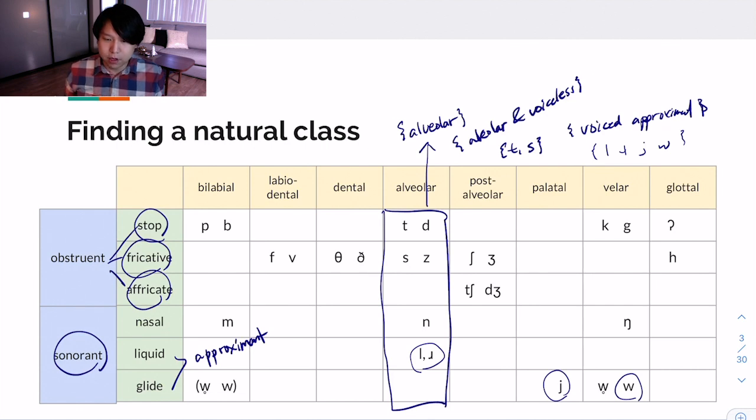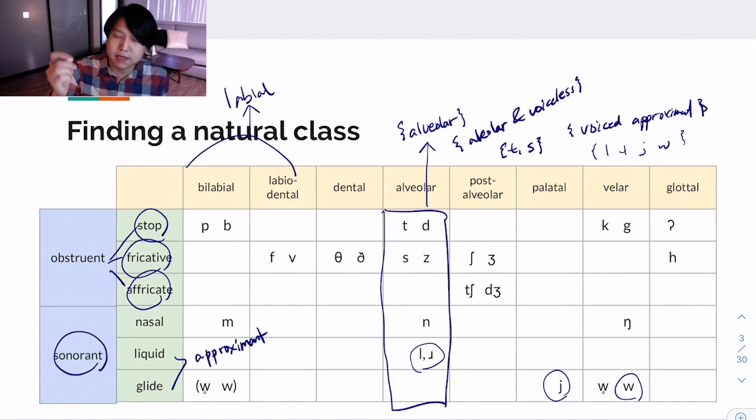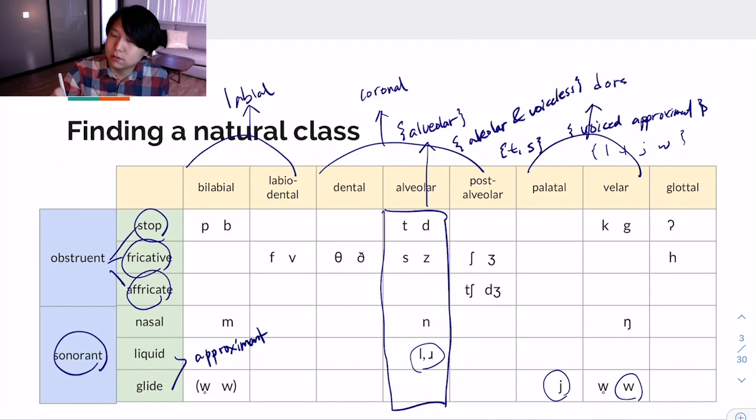Also, places of articulation can be grouped into bigger groups. Bilabial and labiodental are grouped together as labial because it uses your lips. From dental to postalveolar, it's called coronal. For palatal to velar, it's called dorsal. And glottal is grouped as laryngeal.